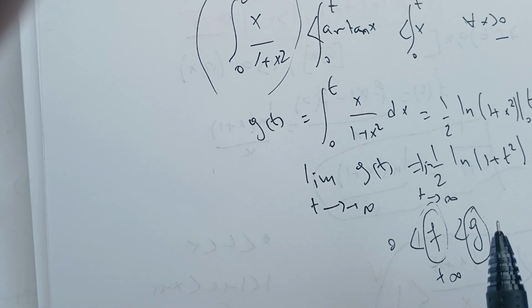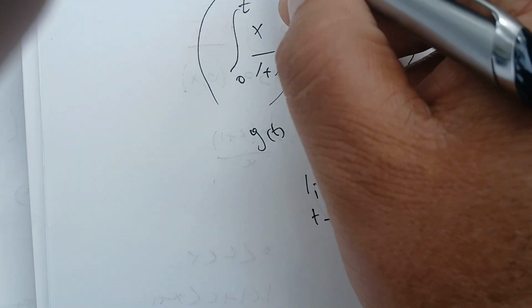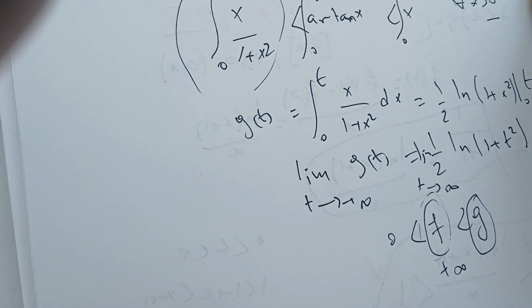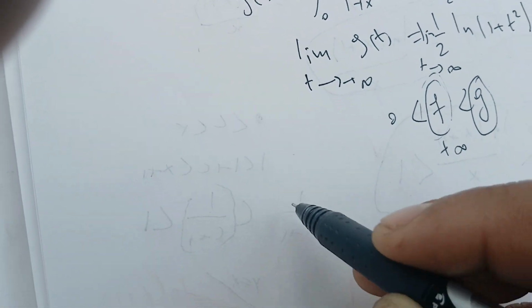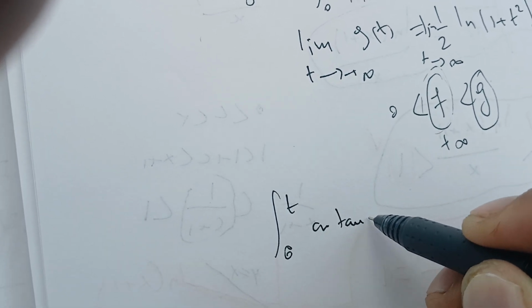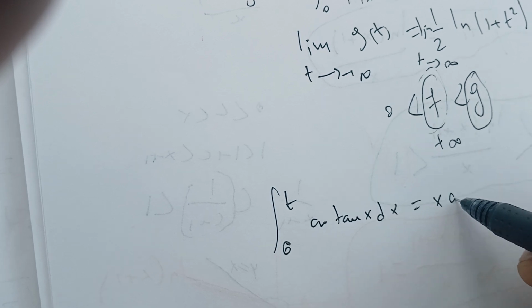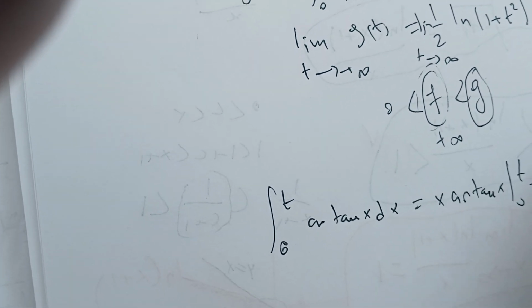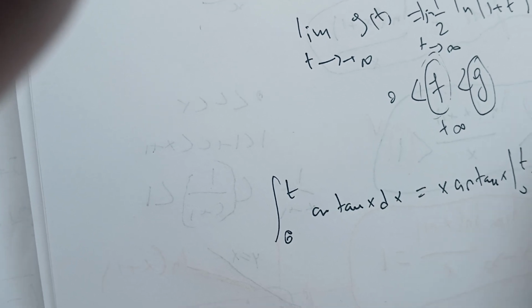Okay, there is another way: we can use integration by parts. We can use integration by parts to find that the integral between 0 and t of arctangent x dx is just x arctangent of x between 0 and t minus the integral of x over 1 plus x squared dx between 0 and t.